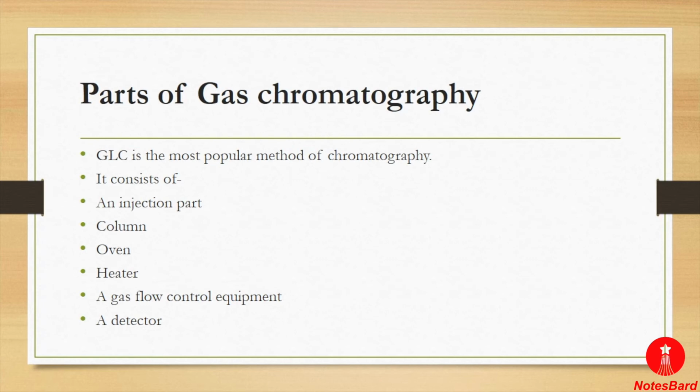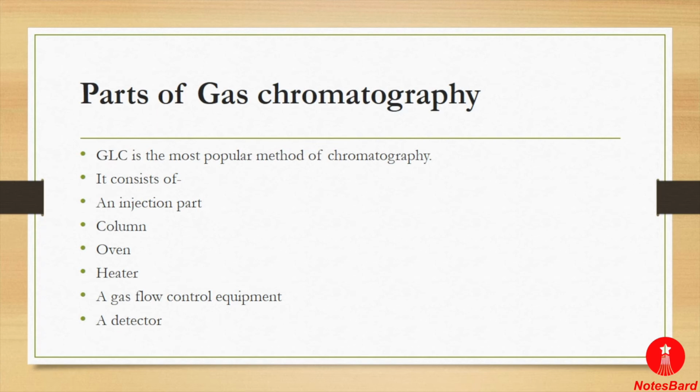The heater and gas flow control equipment are also used to control the temperature of the column. And the final instrument used for gas chromatography is a detector or a recorder.